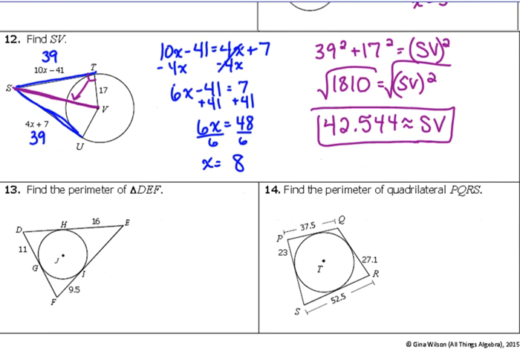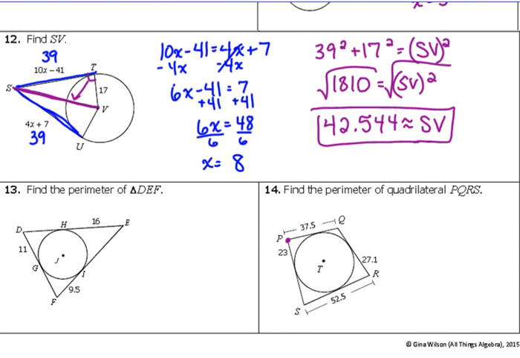Okay, let's look at number 14. Find the perimeter of the quadrilateral PQRS. So this is using that second property, that if they come from the same external point, they are equal. I'm just going to start top left corner. That's where I usually go.